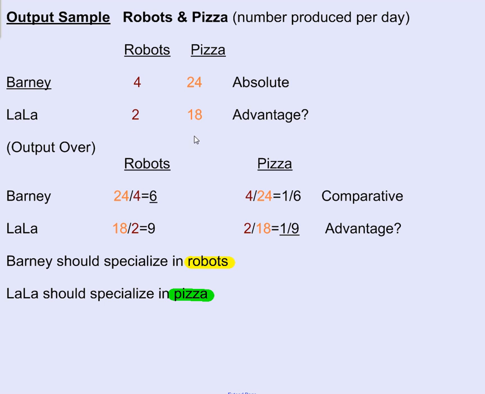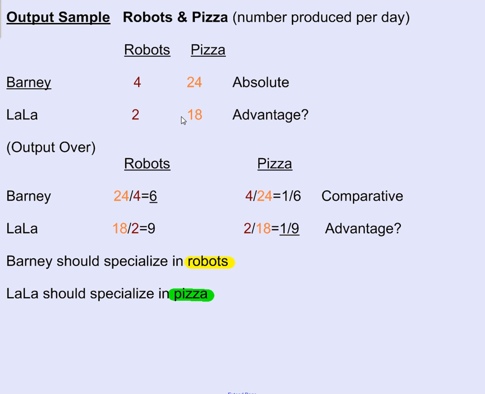So for absolute advantage, this is the one and only time where bigger is better, right? Barney is able to make more robots than Lala, 4 to 2 in a day. So Barney has absolute advantage for making robots and also for making pizzas, because 24 pizzas is bigger than 18 pizzas.